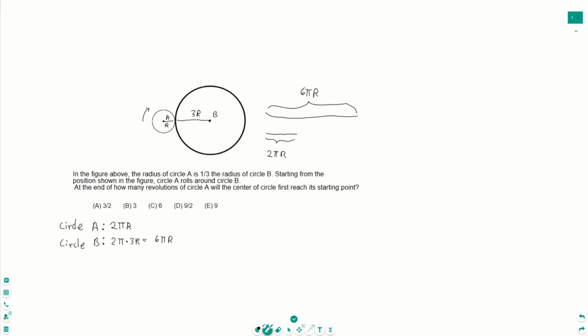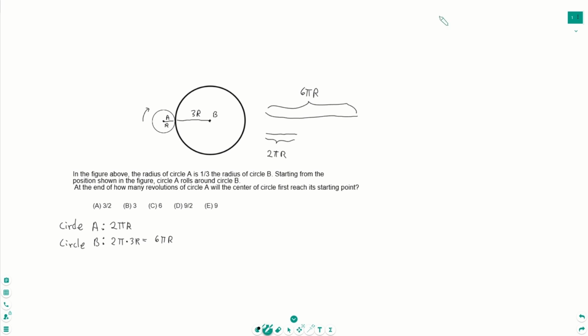But here's the trick. What matters is the shape of the path along which you travel, because as you turn this small circle around the bigger one without any slipping, you travel a longer distance than you would if you were rolling it over a straight line. Why?